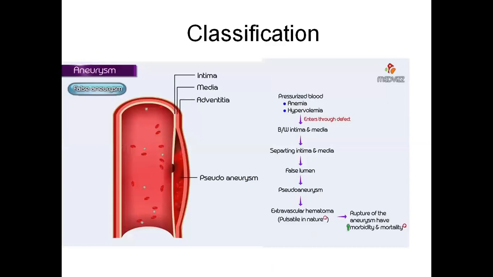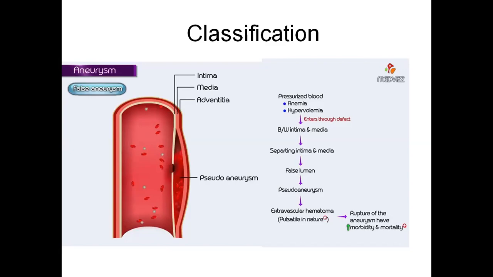Also, based on the classification of aneurysm as true and false, let us look into the false aneurysm and what happens. As the pressurized blood enters through the defect, so there is a defect in the wall of the vessel, and that leads to leaking of blood through the defect in the wall into the connective tissue.